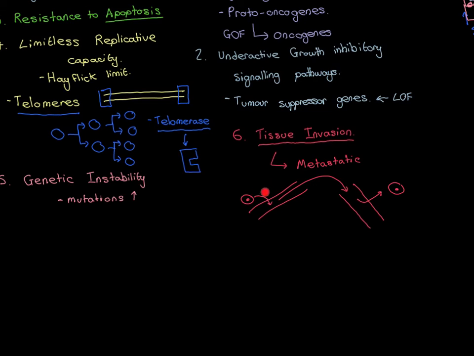Because it takes something else besides just being able to move in order to be able to go into a blood vessel and then come out of a blood vessel as well. So we do think that you need another set of mutations in order for the cell to become metastatic over just being invasive. And you don't need to be metastatic in order to be classified as a cancerous cell. You just need to be invasive.